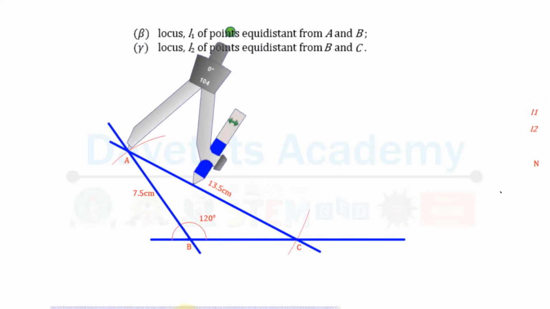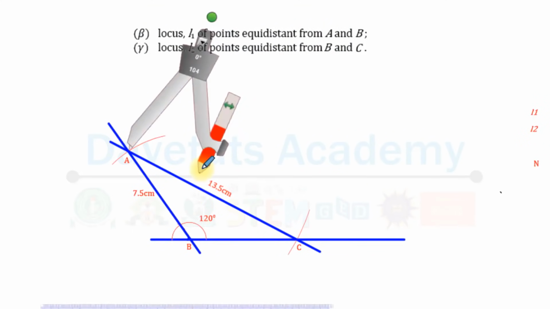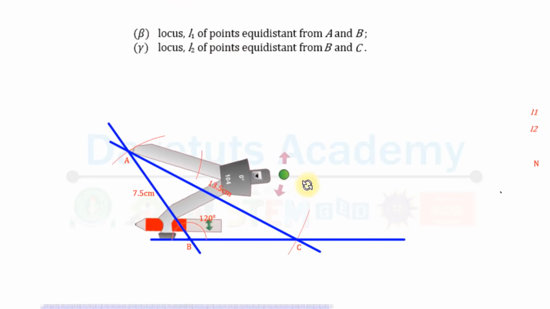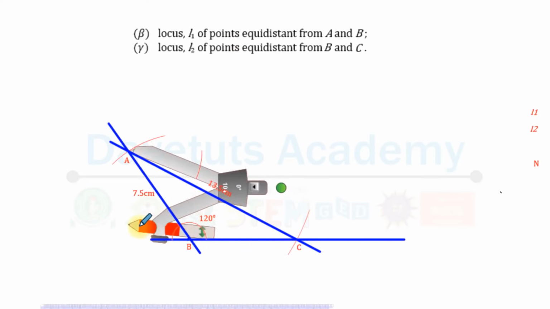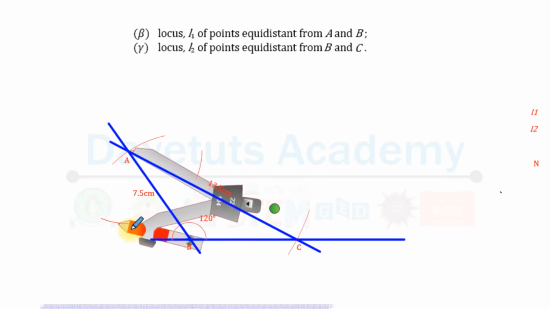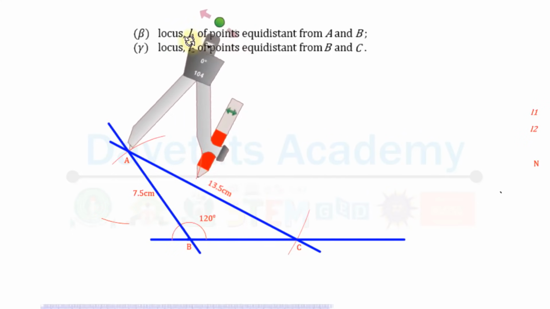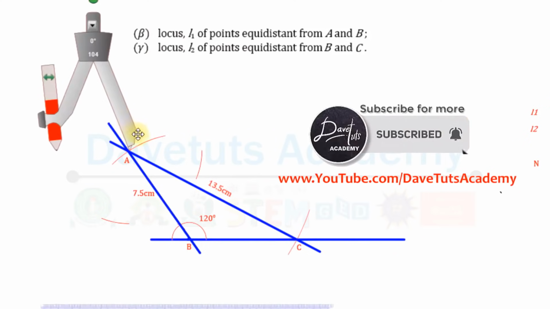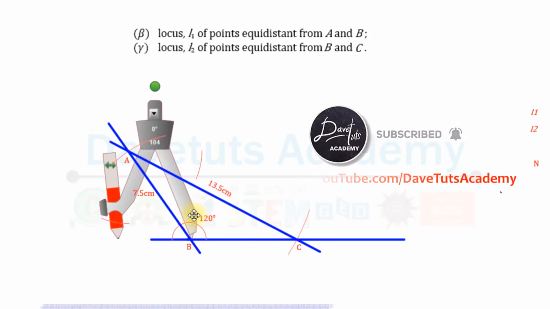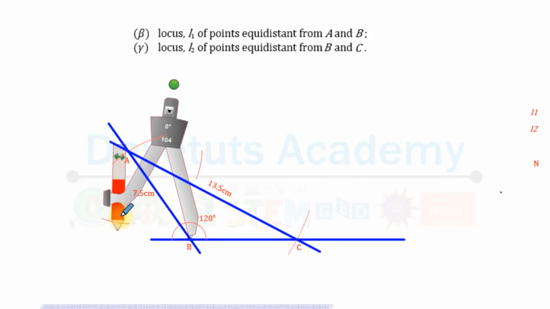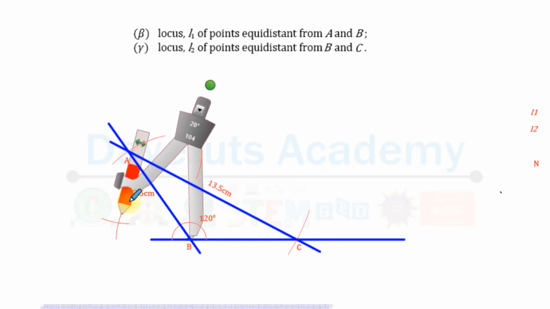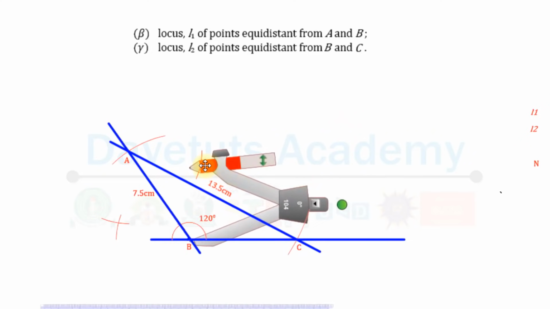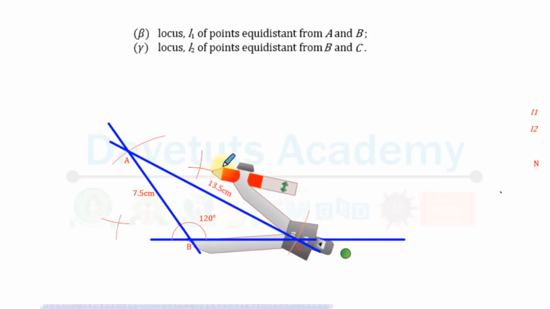So just take a particular radius and we are going to use it to mark off. I think I'm okay with the ruler for now. So let's say we mark off this particular point here, and in the same vein we also mark it off here. And then we're going to use the same radius and also take the compass to point B, and then at point B we cross the other arc that we just drew, and then we also go to the one on top and mark that off.